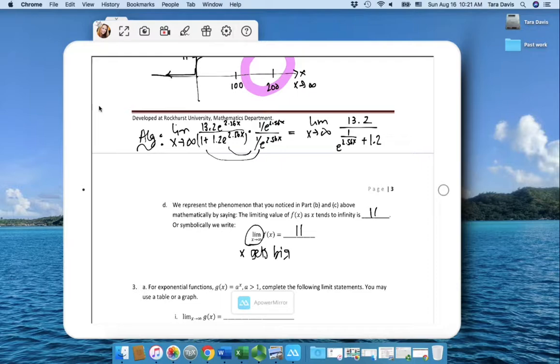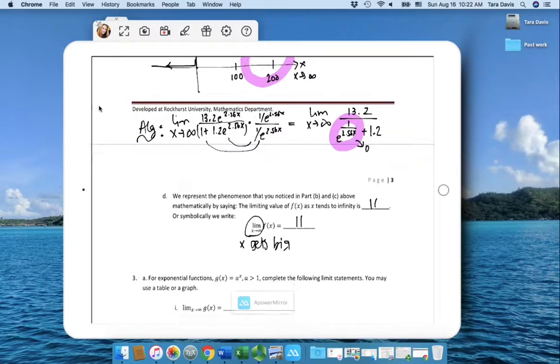If you want, you can try to take the limit again. The only place where we have the x in the equation is here. Now x is going towards infinity, so I have 1 over a big number. 1 over a big number is a small number, so this little bit will go to 0 as x approaches infinity.